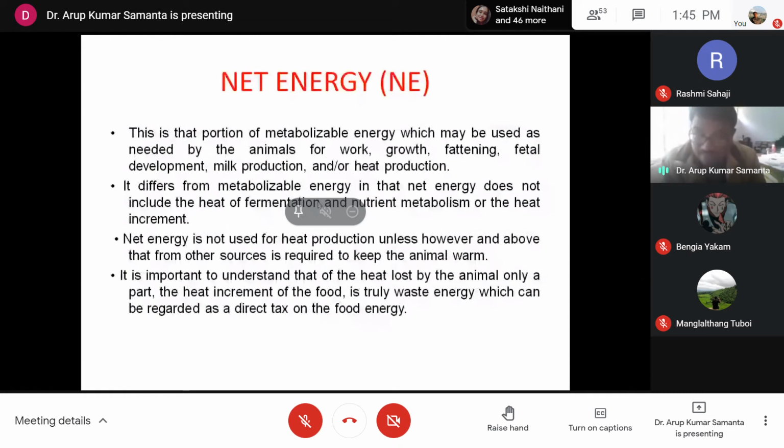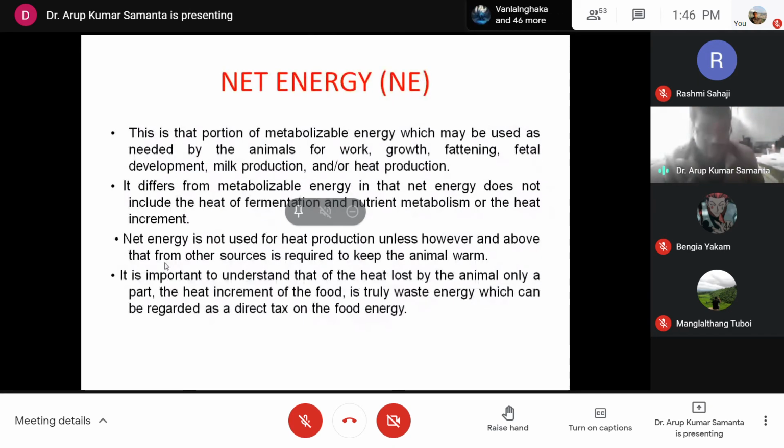It differs from the metabolizable energy in that net energy does not include the heat of fermentation, nutrient metabolism, or the heat increment. That means when we are considering the net energy, it is already metabolizable energy minus heat increment. Two important points I have told you. The causes of heat increment are, first, the heat of fermentation, and second, the heat of nutrient metabolism.